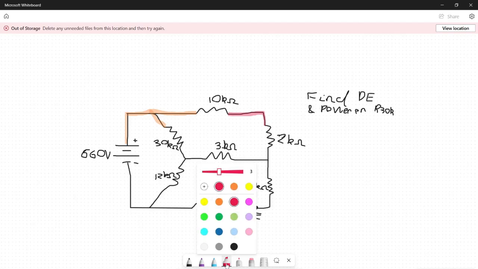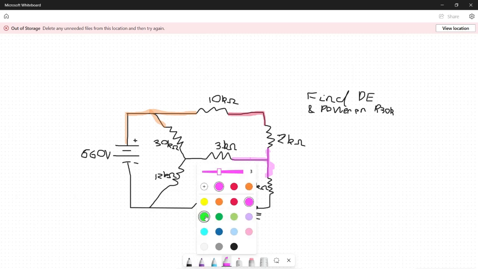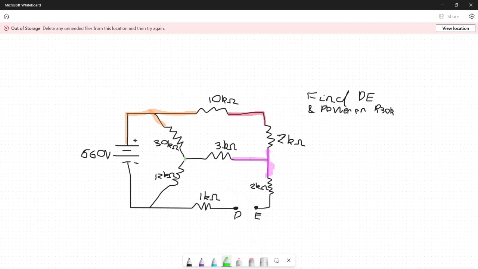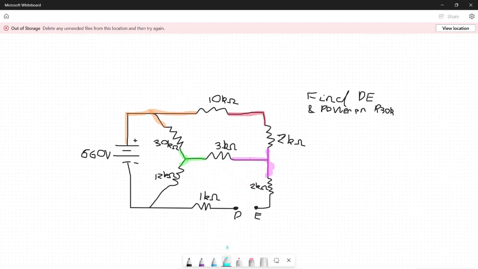section, purple, no, that's not purple, this is, and then green, and now let's get a blue.